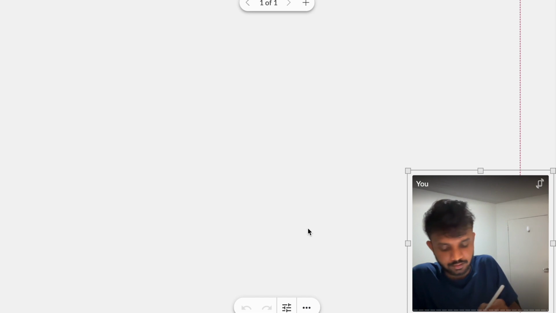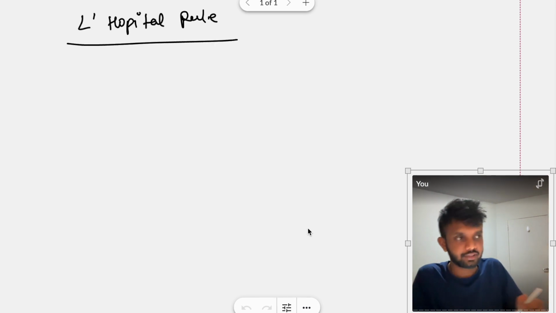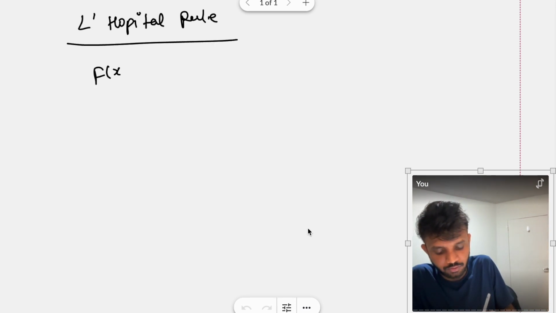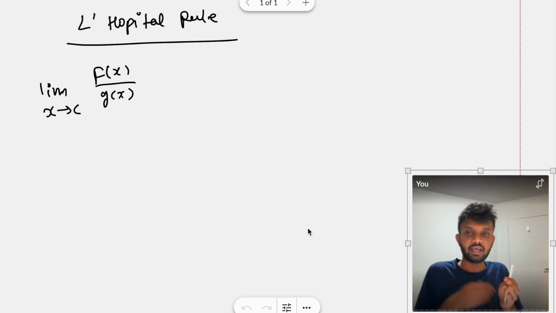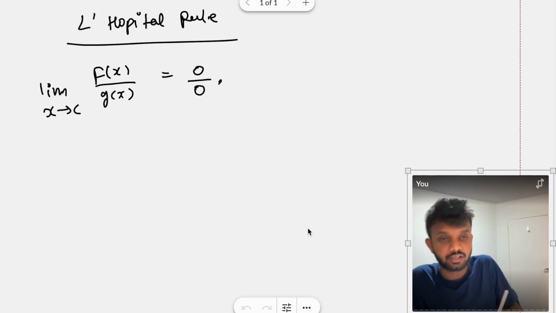Now we'll discuss this L'Hopital rule, right? This rule we can use when, suppose we have a function f(x) over g(x) and x tends to c, this is our limit, and this f(x) over g(x) reduces to any kind of non-deterministic form, right?